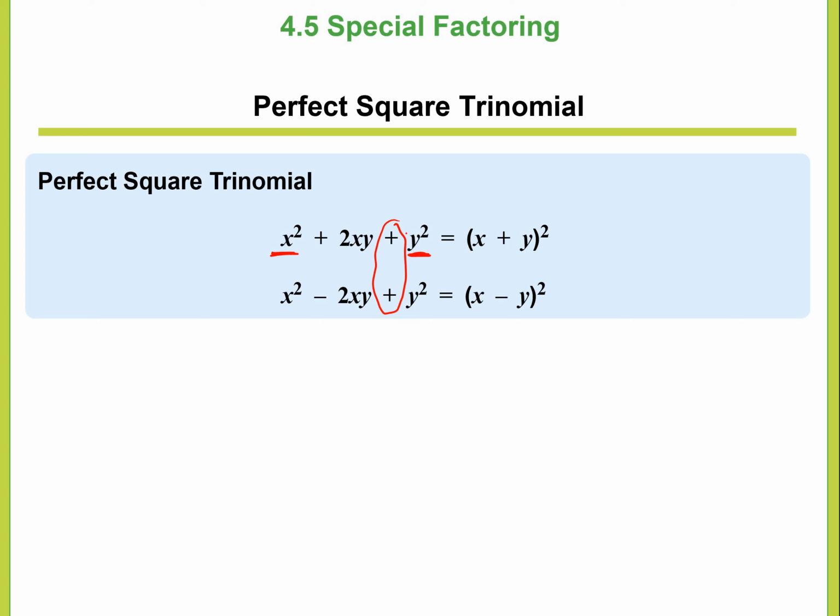And then if you take the square root of those and multiplied them together and doubled them, that would be your middle term. And then this sign just goes with whether it was a difference or whether it was a sum. I know that's a little confusing, so let's do an example and it probably will be clearer.